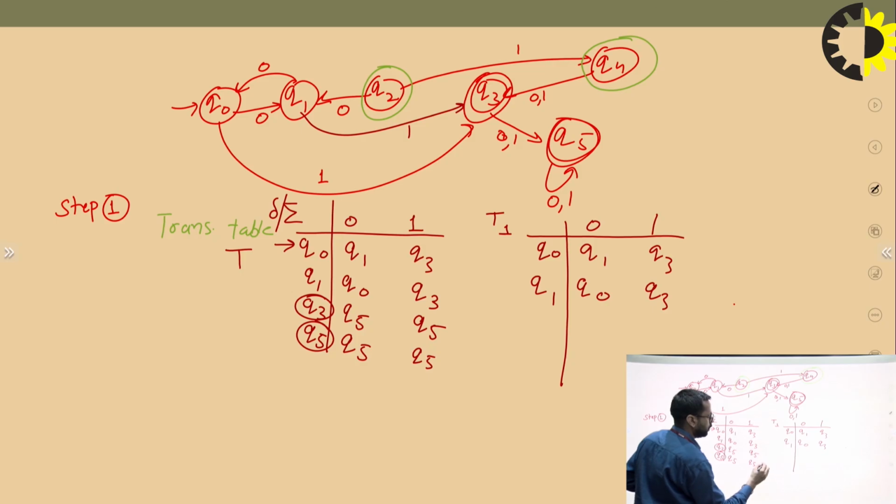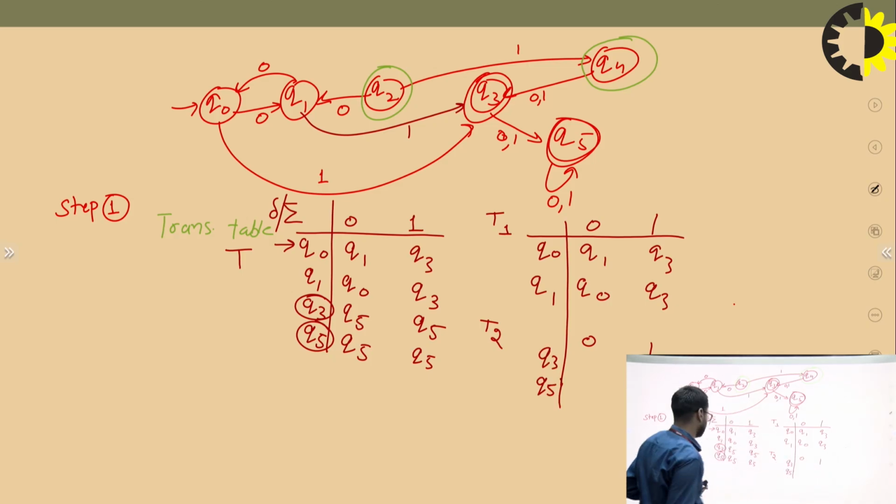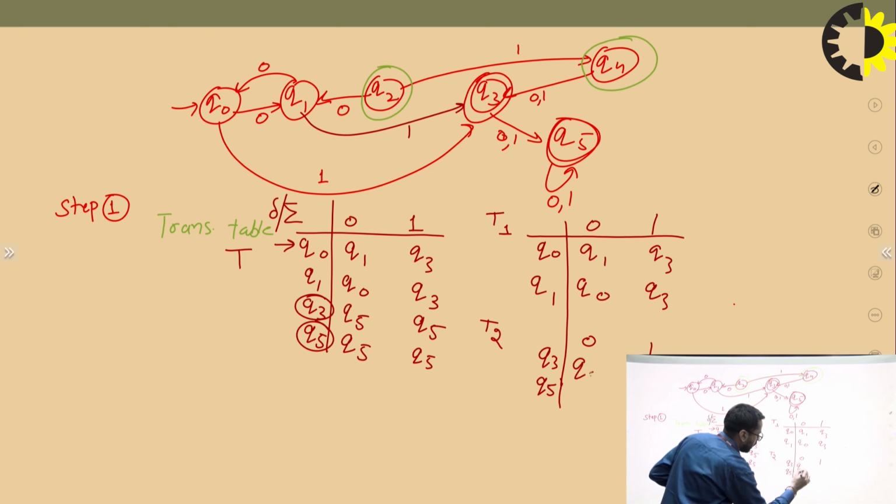This is the T1 table. For T2, we generate this table, also with 0 and 1. It will be Q3 with Q5 and Q5, and Q5 with Q5 and Q5.